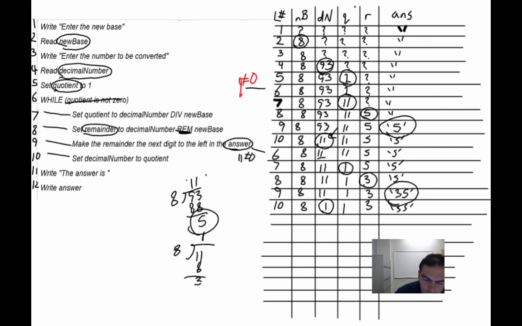We're in a loop, so we're going to go back to line 6, and we're going to check quotient. So 1 does not equal 0. So we're going to continue now with line 7. Line 7 sets quotient to decimal number div base. Decimal number is 1.